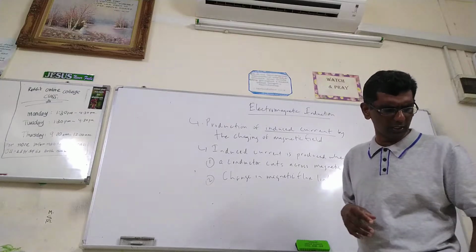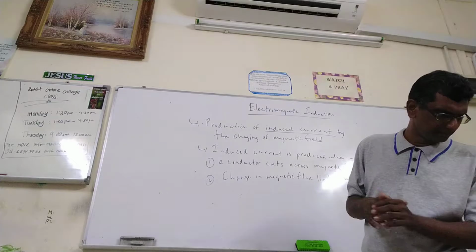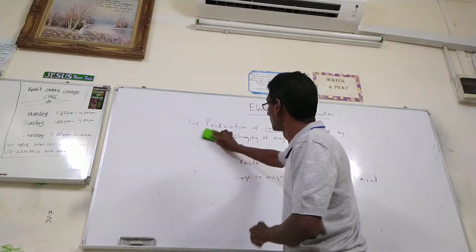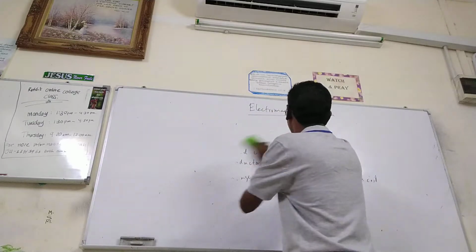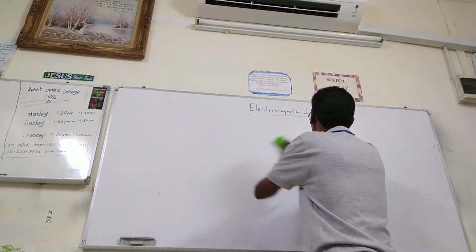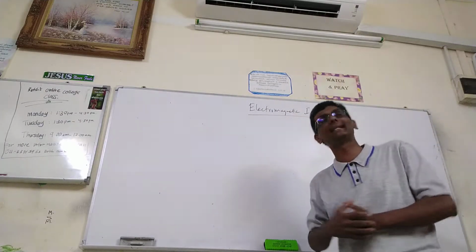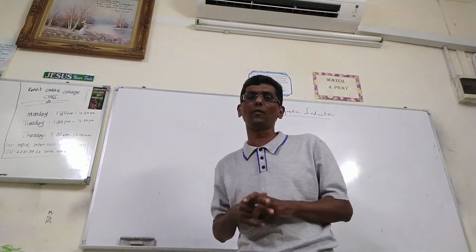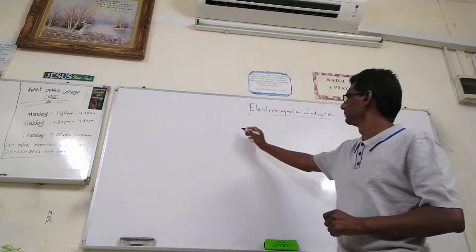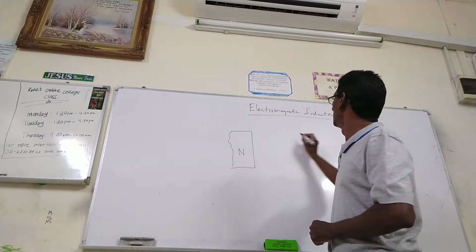Okay, electromagnetic induction means production of induced current by the changing of the magnetic field. For example, this is the North Pole, this is the South Pole.